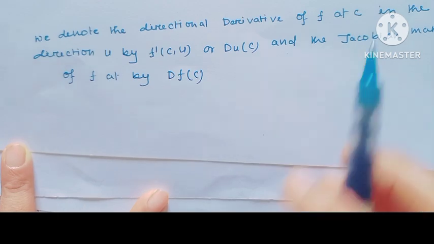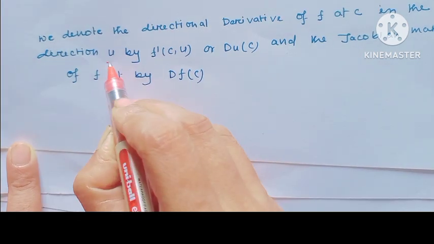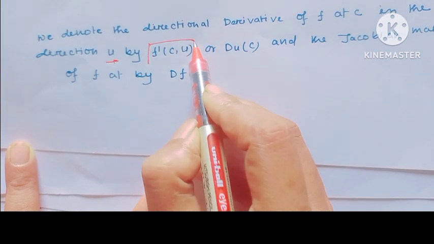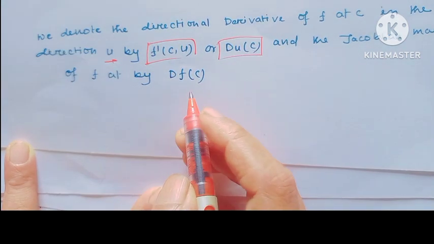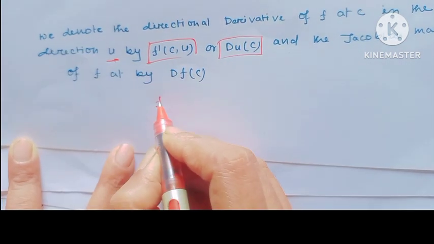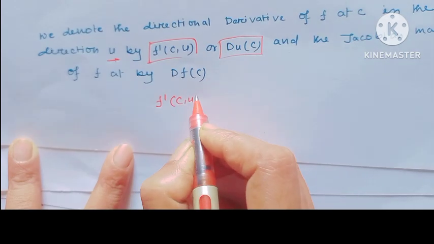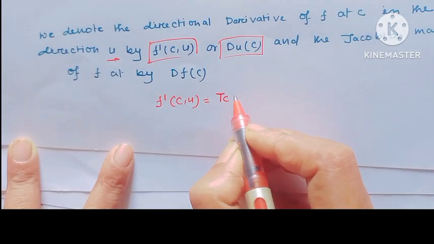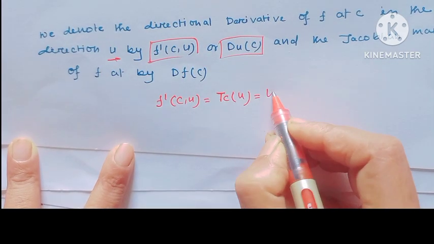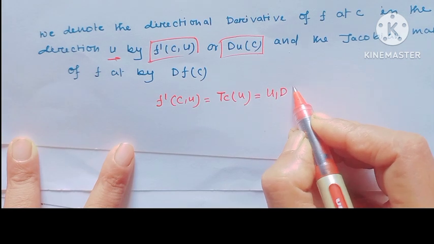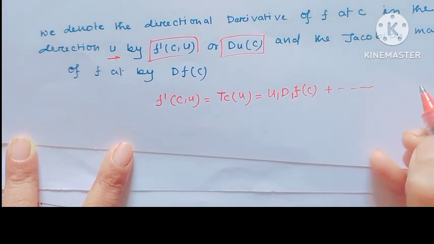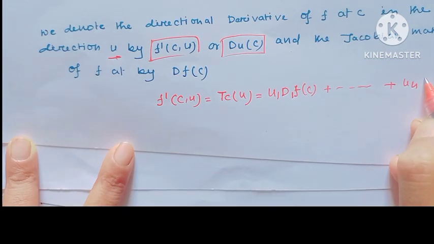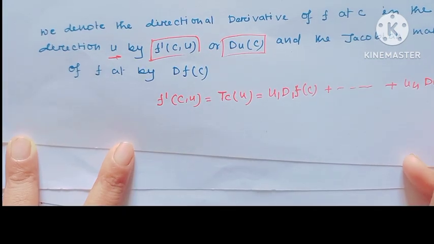The directional derivative of f at c in the direction u is written f'(c)u or Du f(c), and the Jacobian matrix of f at c is Df(c). Therefore, f'(c)u equals Tc(u), which is equal to u1 D1 f(c) up to un Dn f(c).